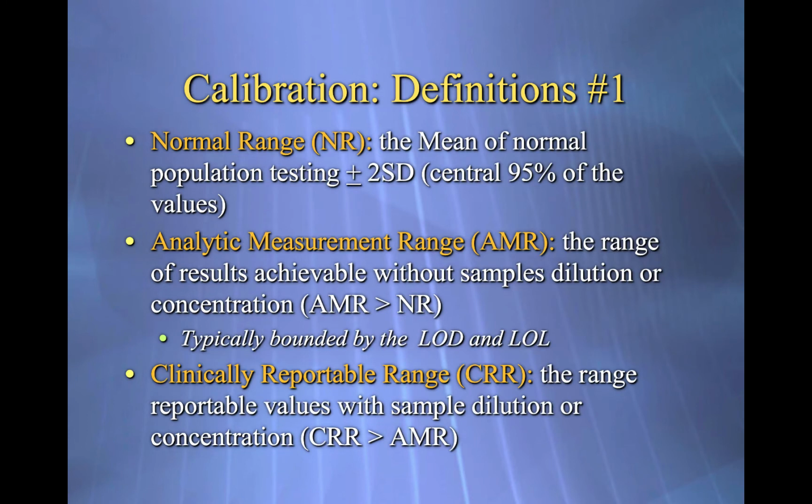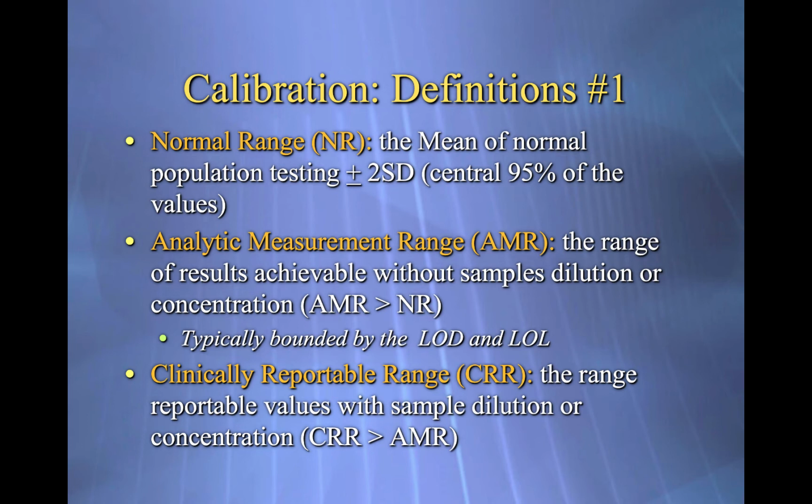All right, before we get into calibration and calibration verification, let's talk about some terminology here, and this can drive you crazy. So, some definitions. The normal range is the mean of the normal population plus or minus 2 standard deviations. So really, if you did a Gaussian curve, it would hit the central 95% of the values from a normal population.